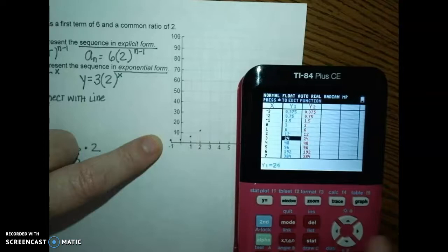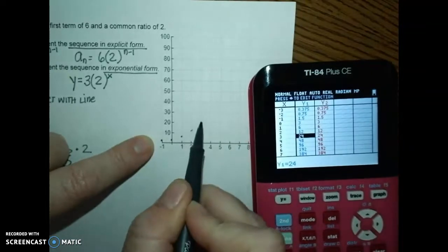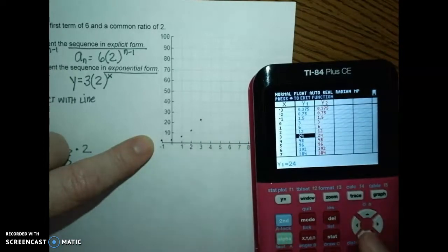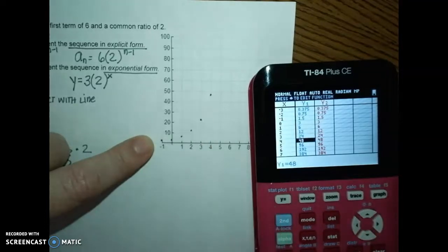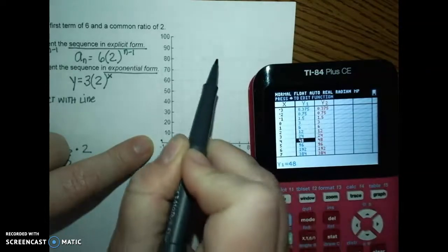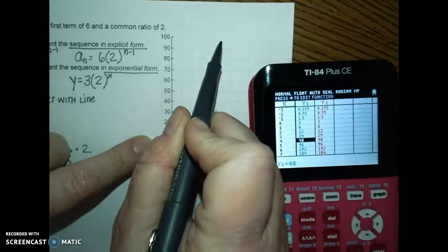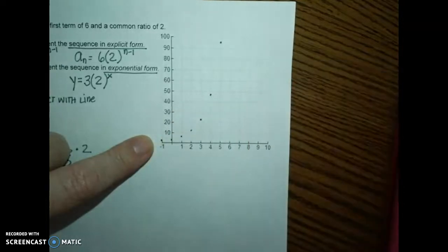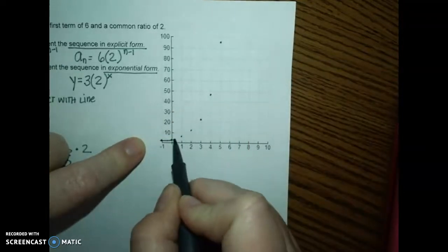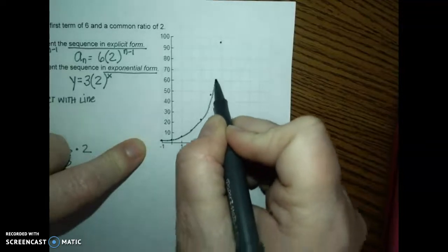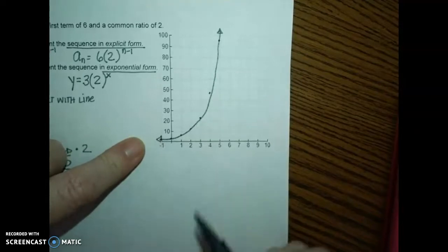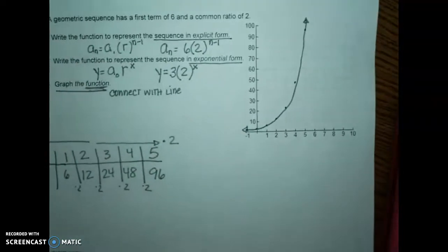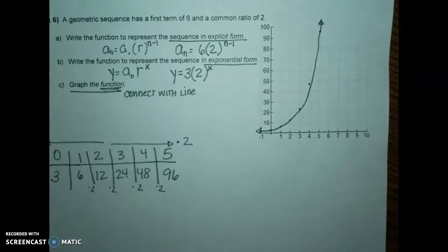If x is 3, y is 24. I'm just estimating for each one of these. 4 is 48. 5 is 96. So that's as far as we're going to be able to go on this graph, 96. And I'm supposed to connect them because I'm graphing the function. It's just going to keep going. We just ran out of graph. We didn't have enough graph to write all of that on there.